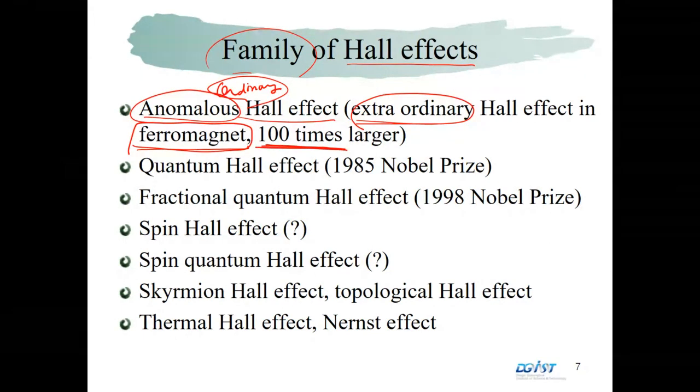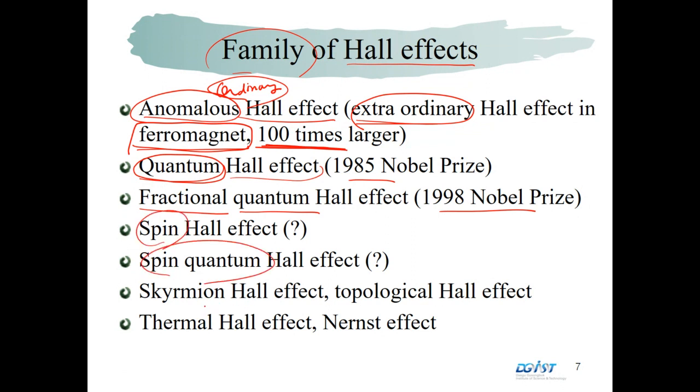usually 100 times larger. And there is another one called the quantum Hall effect. And also there is the fractional quantum Hall effect, and they got the Nobel Prize. And also there are the spin Hall effect, quantum spin Hall effect, skyrmion Hall effect, topological Hall effect, thermal Hall effect, Nernst effect.